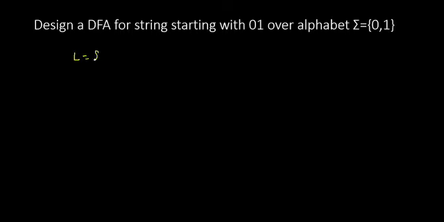L can accept 0, 1, or 0, 1, 0, or 0, 1, 1, or 0, 1, 1, 1, and so on and so forth. You can clearly observe that the entire language always starts with 0, 1.